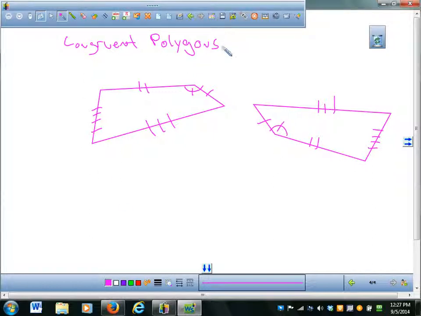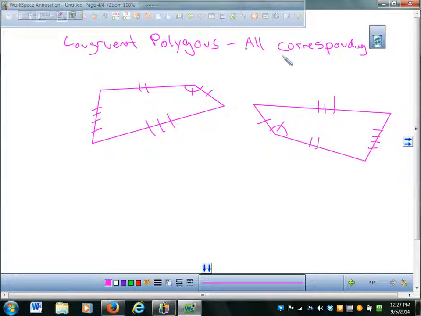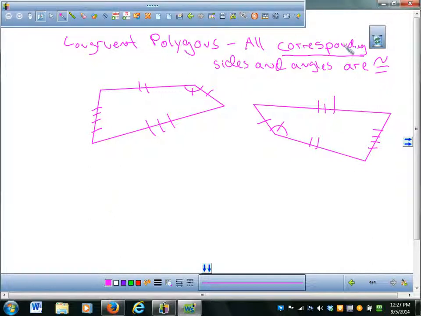And so with congruent polygons, all corresponding sides and angles are congruent. And this word's important, corresponding. Remember that symbol means congruent? So congruent polygons are all corresponding sides and angles are congruent.